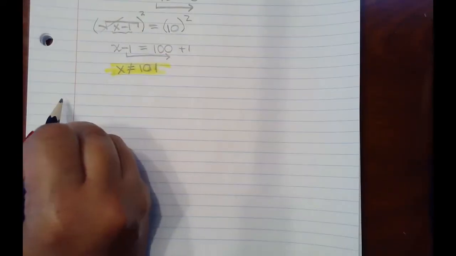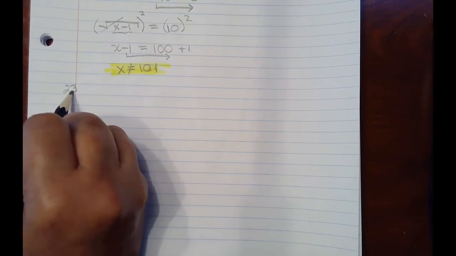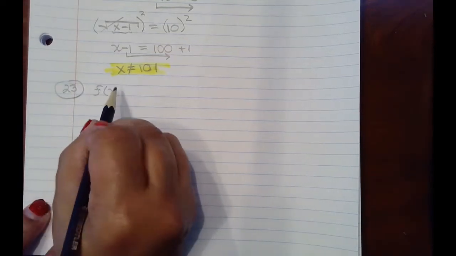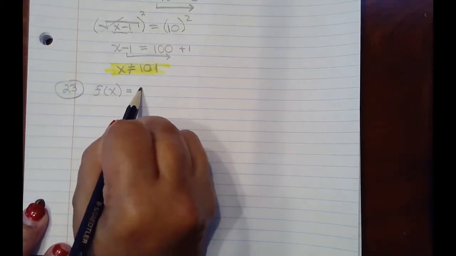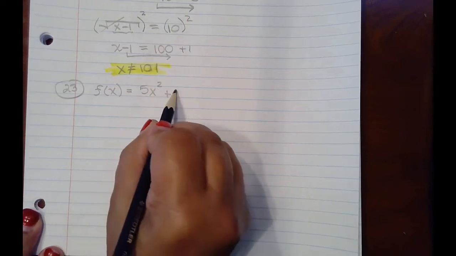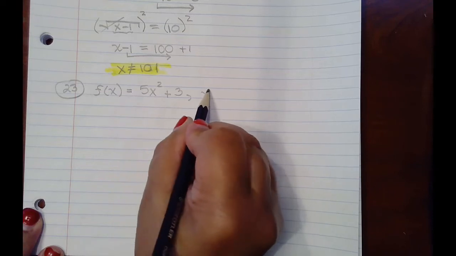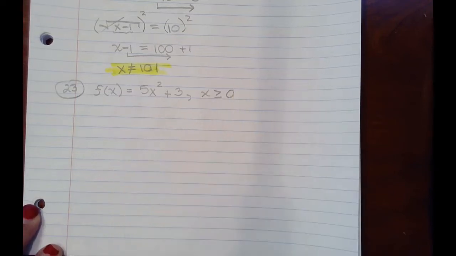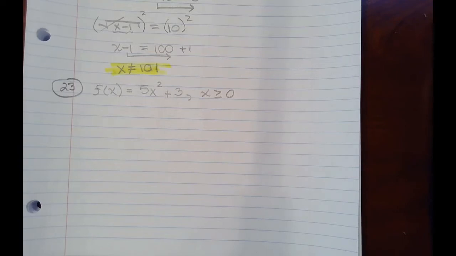So for problem number 23, we have f of x is equal to 5x squared plus 3, and then they make a comment here that x has to be greater than or equal to 0, and that's because the inverse doesn't exist unless that's true.